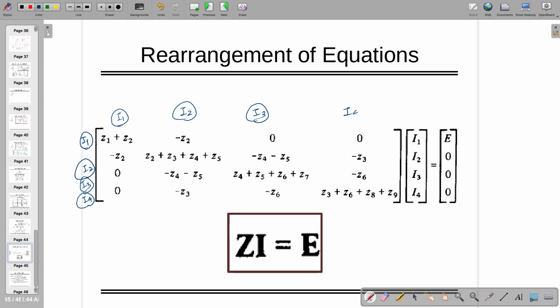And right now we are writing the impedance matrix, not admittance. So the unit of each component will be ohms, not 1 by ohms.